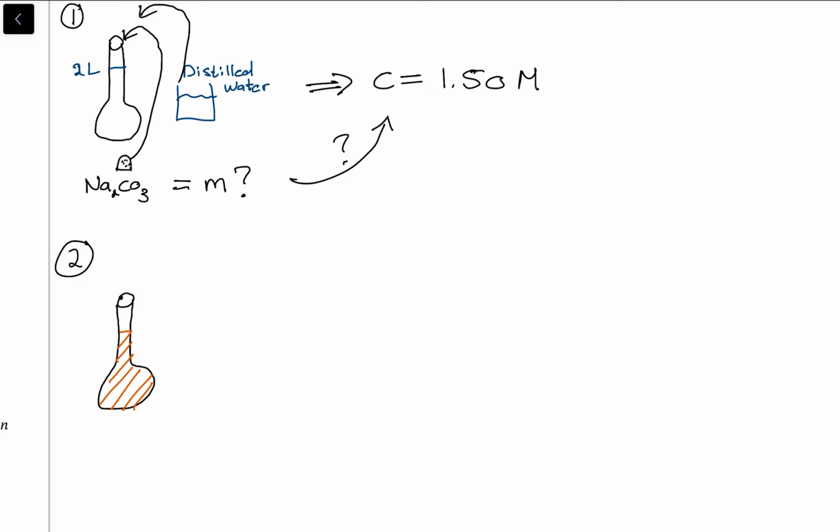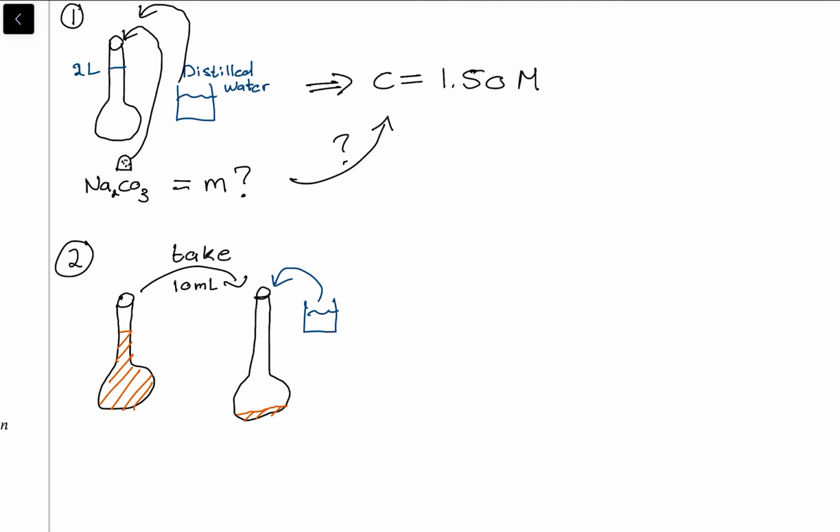We take this first one and say, for example, take 10 milliliter of this solution and put it in a new flask. We take some distilled water, and we add water to that.